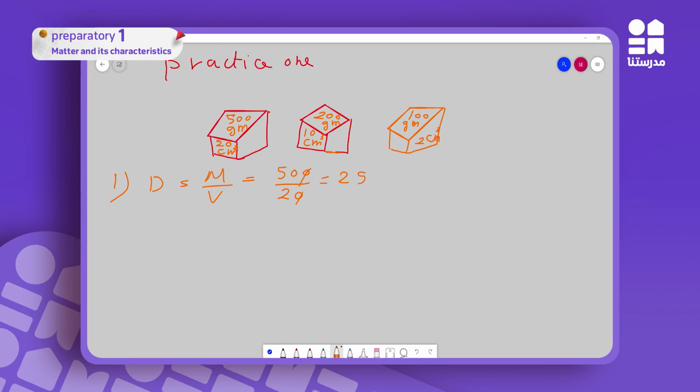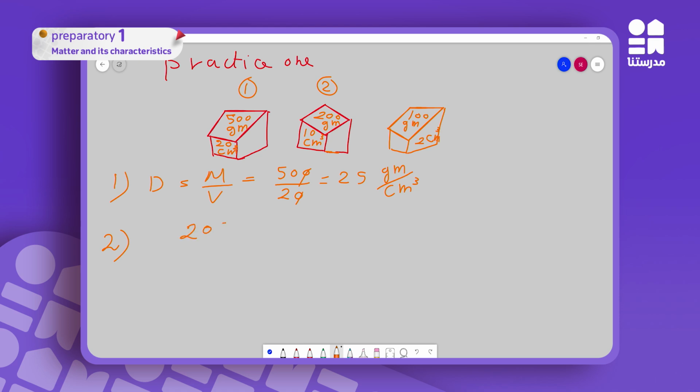What is the unit of density? I have here mass, which is gram, okay, over or per cubic centimeter. This is the first cube, this is the first one. What about the second one? The second one, here, of course, I'm going to use this rule.